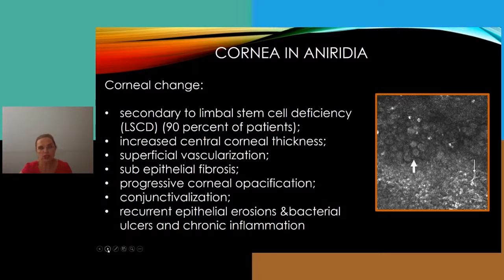Also, those patients are usually having increased central corneal thickness as a result of recurrent edema and as a result of an ongoing fibrotic process. They may also have vascularization, which closes the vicious circle, and subepithelial fibrosis, and as a result of this, the corneal transparency is missing, so the cornea starts to be opacified.